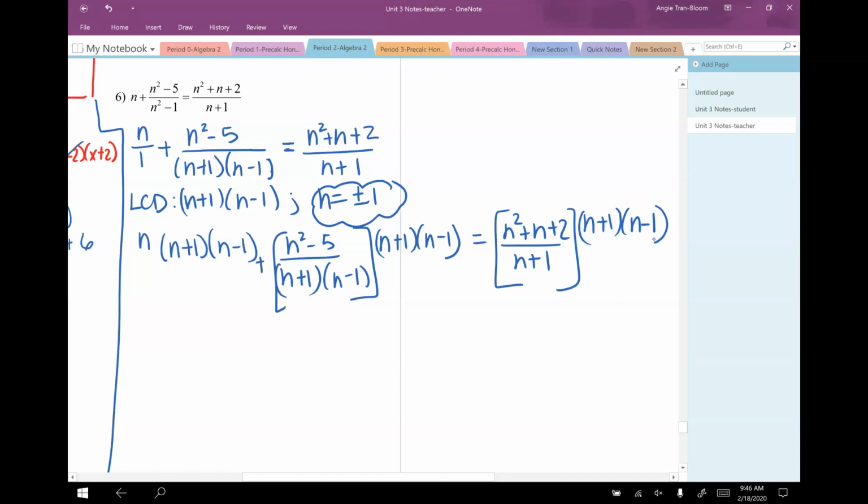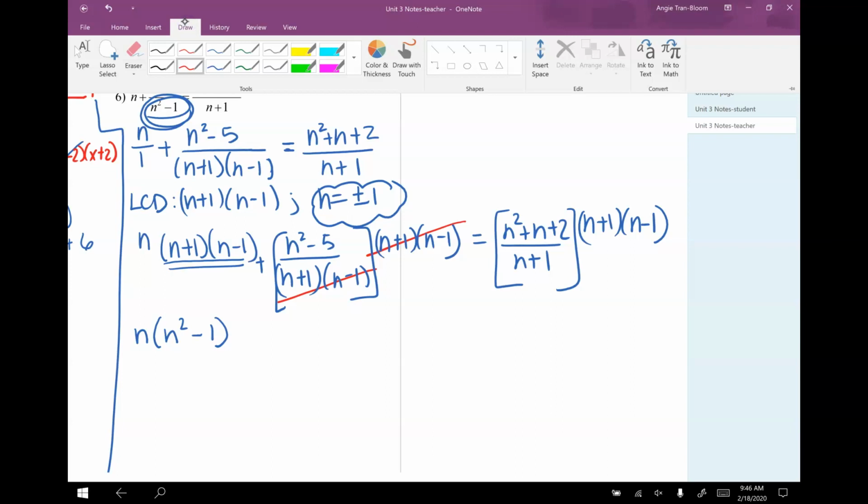Okay. Would you agree we got these two factors from technically this dude right here, n squared minus 1? Okay, so we can just go backwards and write that as itself and then distribute the next step. Second term, can we cancel anything? Both, you're right, we love it when we can cancel all of it.